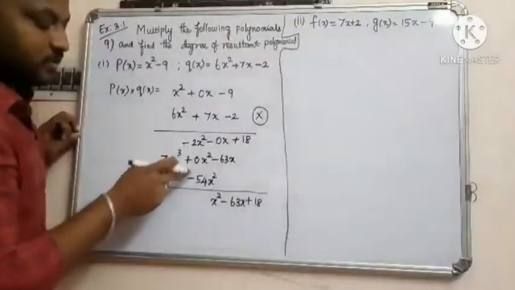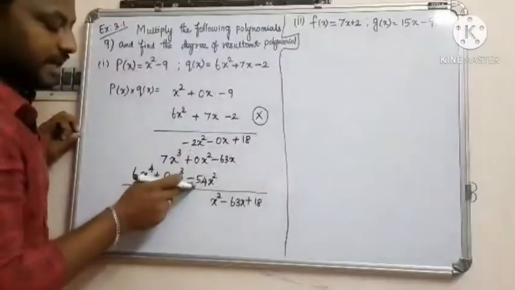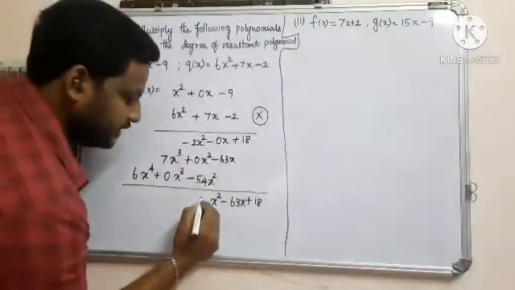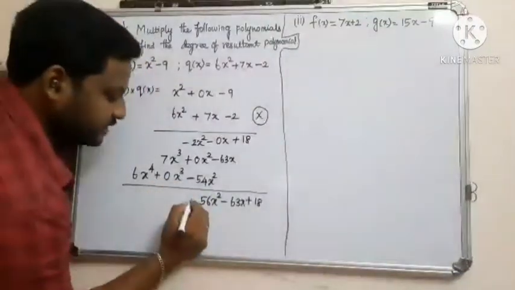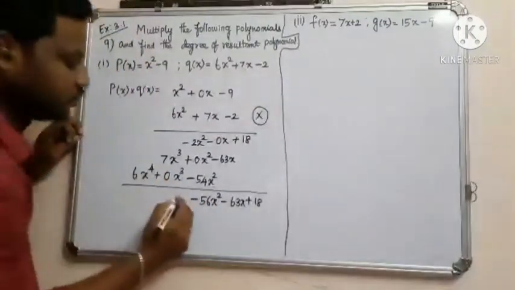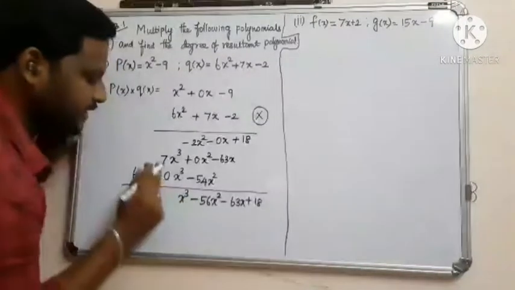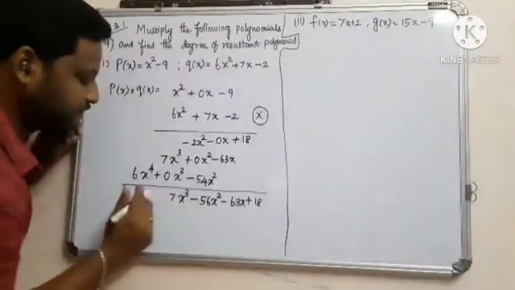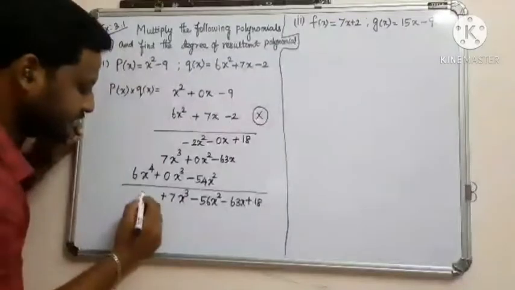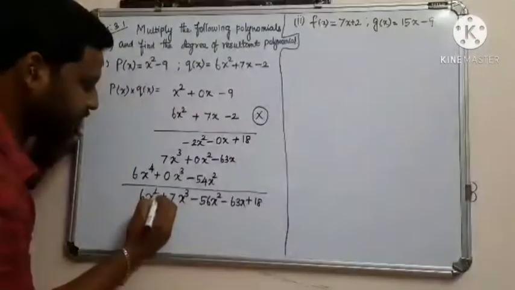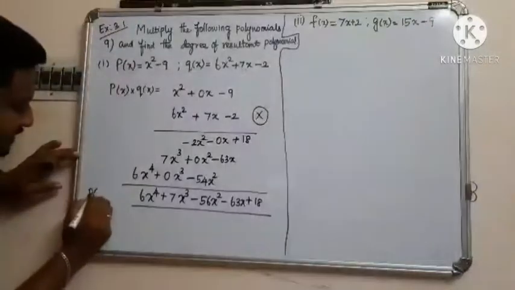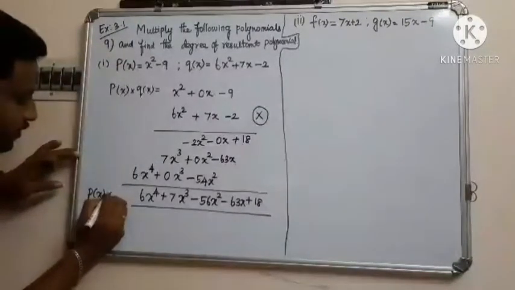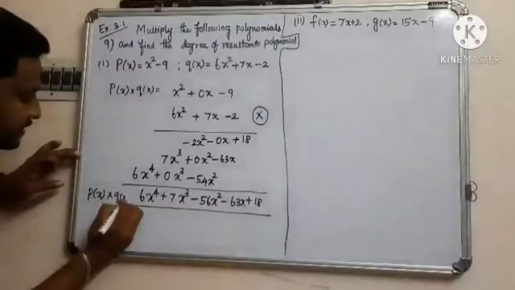Minus 54 minus 2, both are minus numbers, so you add 54 plus 2, 56. The highest number's sign is minus, so minus 56. x cube is a common variable, so 7 plus 0 is 7. Then plus 6x power 4. So this is the value of P of x into Q of x.